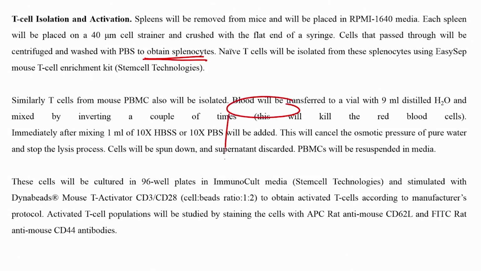What does it mean? If we take this kind of tube and we have a filter, which is our 40 micron cell strainer, and you put a spleen on this and you crush the spleen with a syringe.